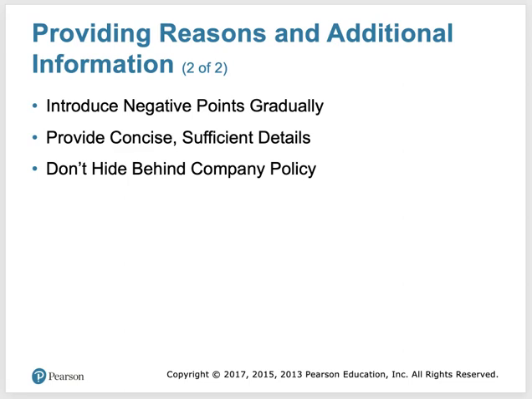You can give reasons effectively by maintaining your focus on the issue at hand and diffusing the emotions that generally accompany significantly bad news. When providing reasons, start with the most positive points and then move forward to your increasingly negative points. Be concise, but provide enough detail for the reader to understand the reasons.